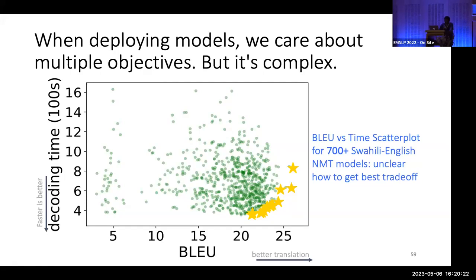I'm doing a scatter plot of their BLEU scores and their decoding time. So we really want solutions on the lower right here that are both accurate and fast. But it actually becomes very complicated. How do you find hyperparameters that give you both? Because sometimes they could be very conflicting, right?